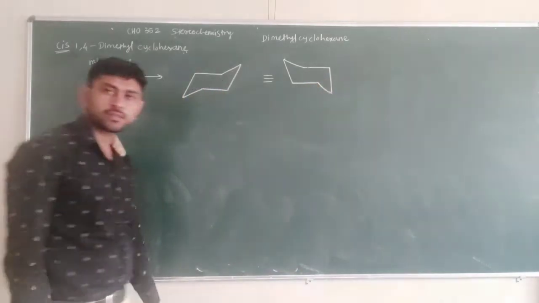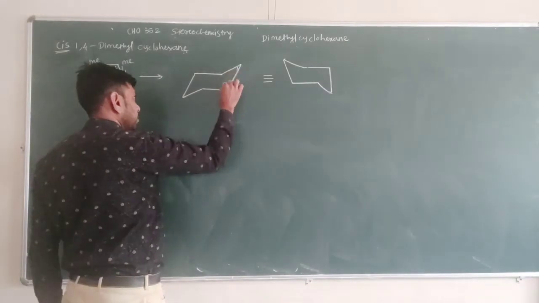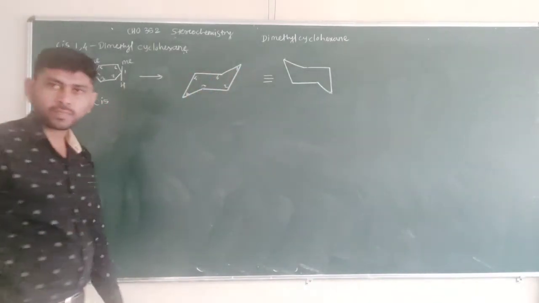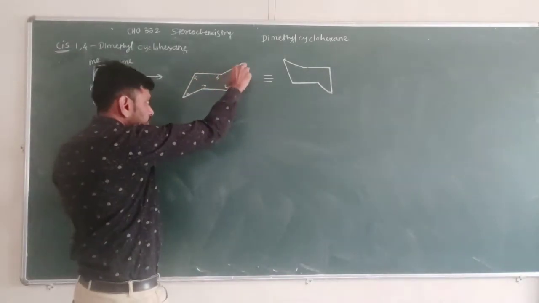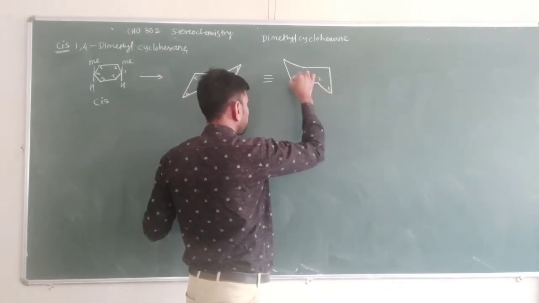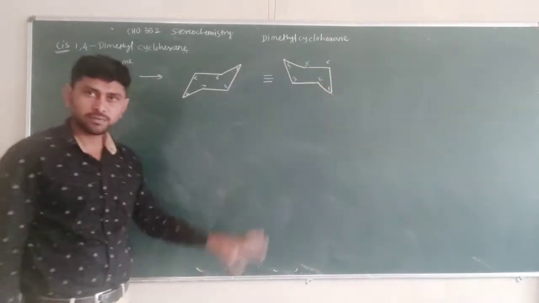So this is another chair conformation by ring flipping. Numbering here is 1, 2, 3, 4, 5, 6. Now by flipping the ring, one position goes here, so numbering 1 is clockwise, then 4, 5, 6. Numbering is given in this way.